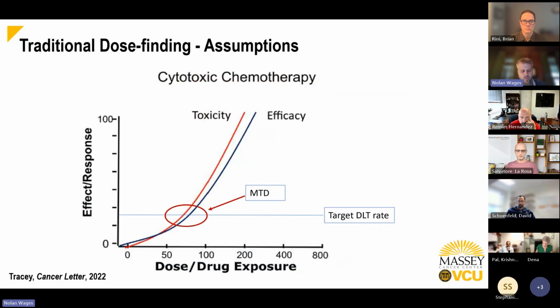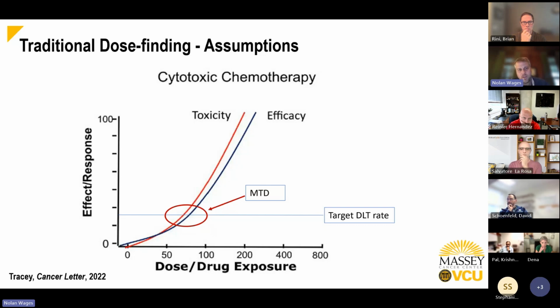So the primary assumption that's driving the design of these trials is that as the dose of the drug increases, so does the probability of toxicity or DLT. And that's represented by the red curve here. So on the x-axis, we have dose or drug exposure. On the y-axis, we have outcome probability. And as the dose increases, so does the probability of toxicity or DLT.